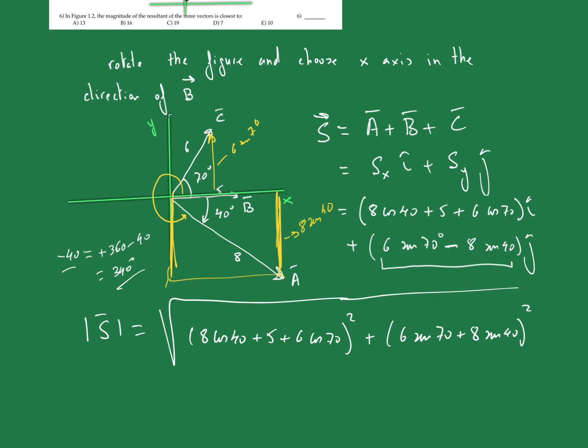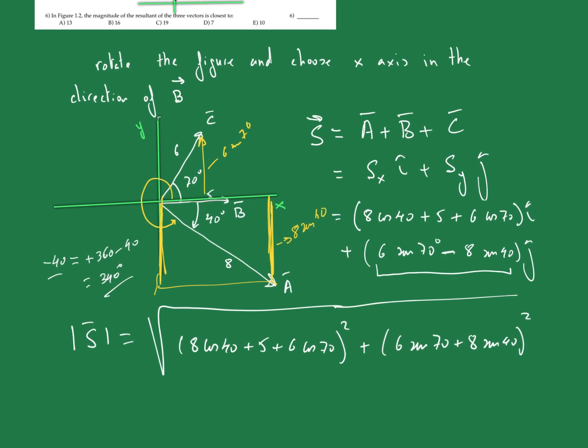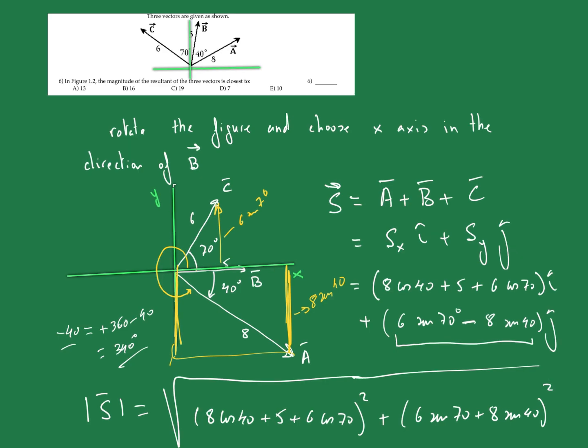So if you calculate, you can see what is the correct answer in the problem, which I really don't know because I didn't do the calculation. But I suppose looking at the picture and doing some geometrical sum, maybe I can get 16 or 19, but I'm not sure.